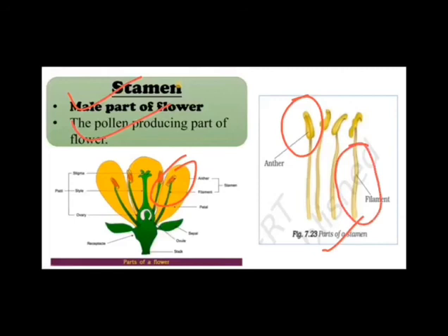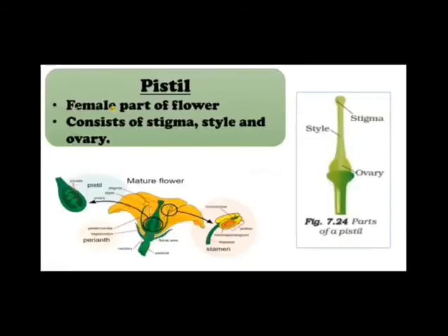Now we will discuss the pistil. So what is a pistil? The pistil is the female part of a flower and it consists of stigma, style and ovary. This part of the flower is known as the stigma, this is the style and this is the ovary.